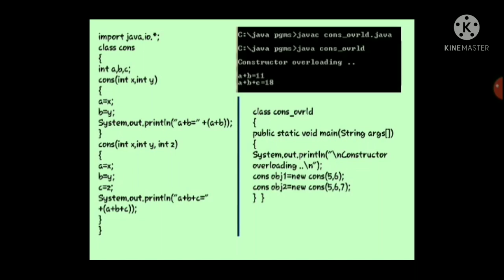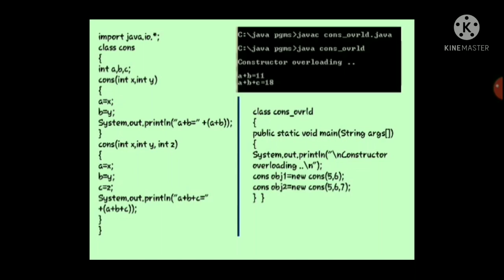So obj1 calls the first constructor and obj2 calls the second constructor. The first constructor has two parameters, x and y, so the signature will match. And obj2 will call the second constructor. Here we pass 3 values, which will match the second constructor.